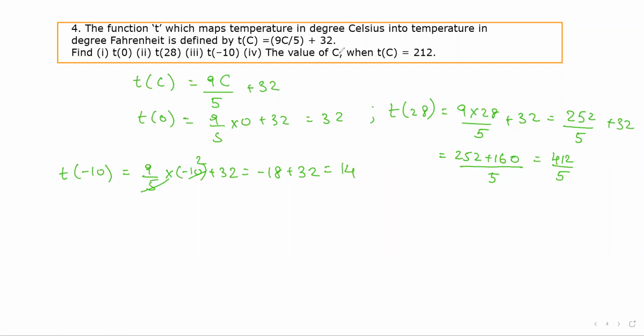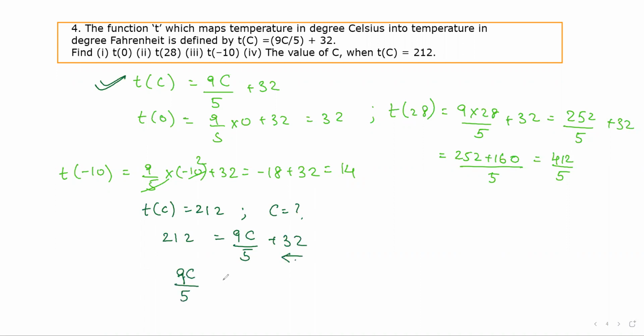Next, the value of c when t of c is 212. So, t of c is 212. C is equals to question mark. In this equation, place t of c as 212 is equals to 9c upon 5 plus 32. 32 placed on the left hand side. 9c upon 5 will lead you to 180, which implies 9.